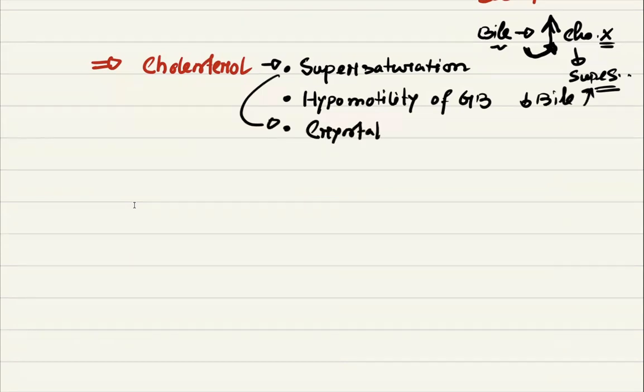What crystal? The cholesterol crystal. This is known as the cholesterol crystal nucleation. Now, if there is cholesterol crystal nucleation and the gallbladder is secreting more mucus, the function of the mucus will cause the aggregation of this crystal nucleation.